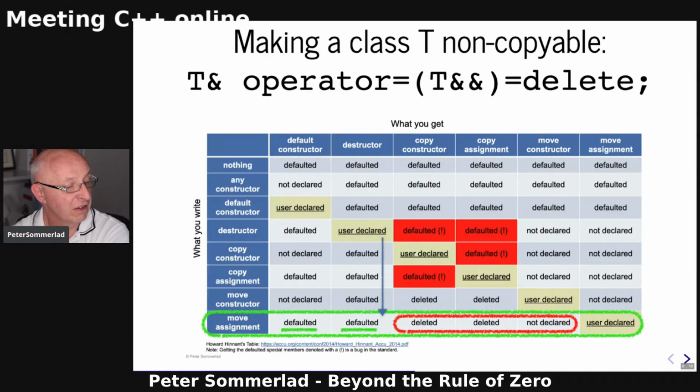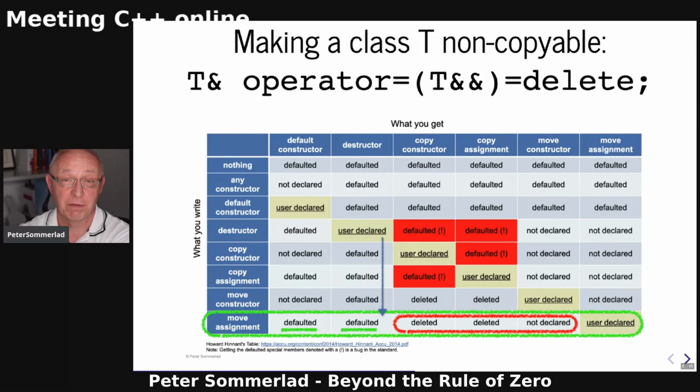So if we look closely at the table, in the lower right corner, if we define a move assignment operator, we get no move constructor, and we get suppressed copy operations. And we keep the default constructor because we haven't defined any constructor. And this means we actually can define a move assignment operator as deleted and get exactly the non-copyability without losing the default constructor.